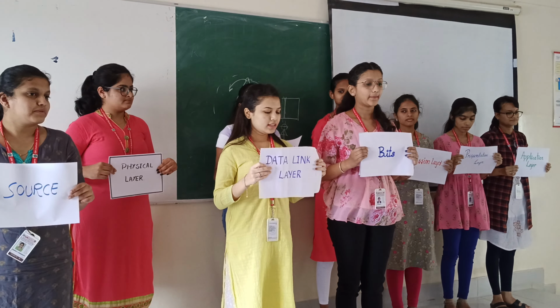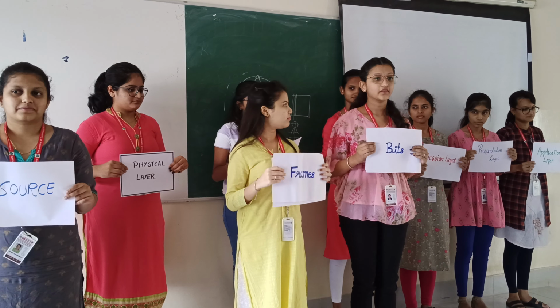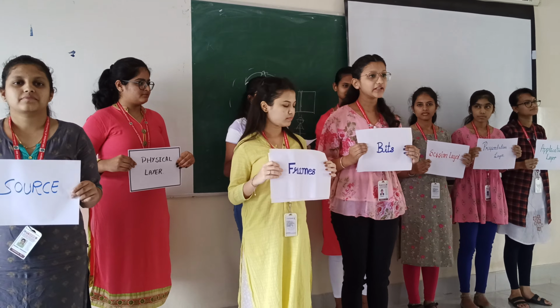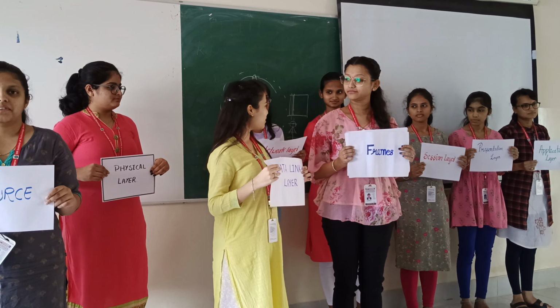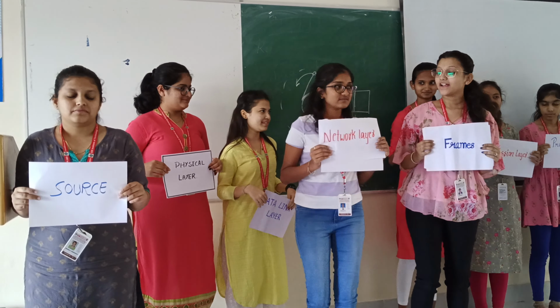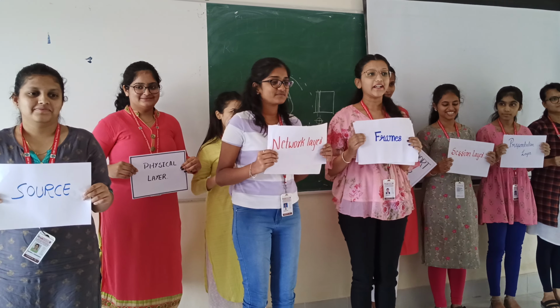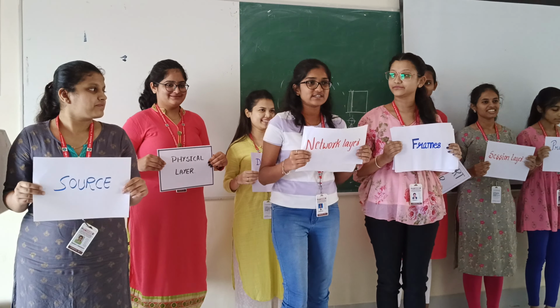Now these bits have been converted into frames. In the data link layer, I am converted into frames. Hey frame, move on to the neighboring layer, the network layer. Okay data link layer. Now I am in the network layer. Hello network layer. Hi friends, welcome to the network layer.